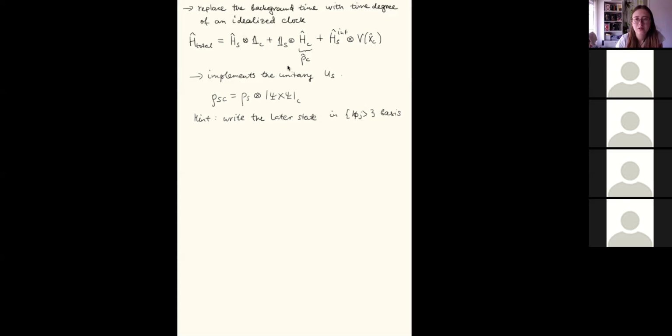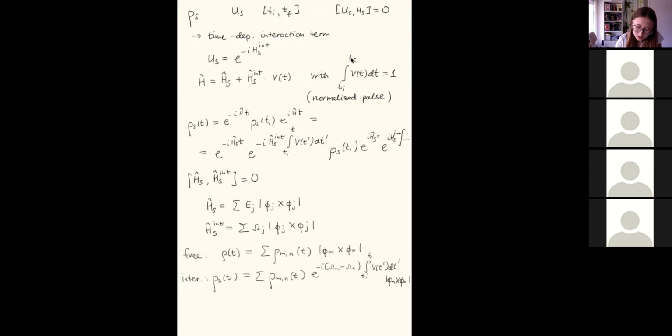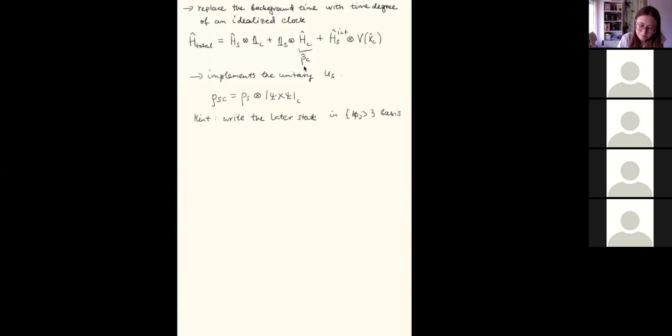Then you'll see that instead of adding the interaction term to the Hamiltonian of the system multiplied by this pulse, we just express adding this pulse as adding a clock system with the same time degree of freedom. So the usual product converts to the tensor product with the clock system, which describes the same normalized time pulse, but in its own time coordinates.